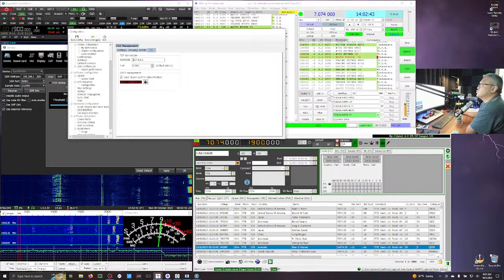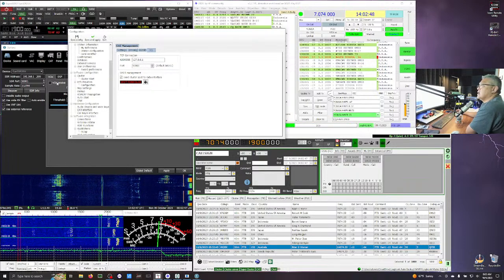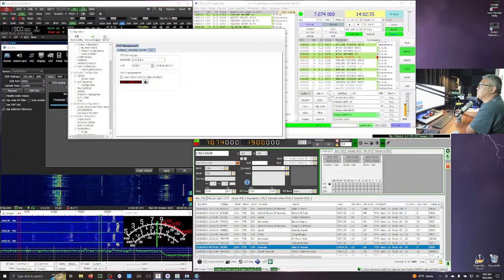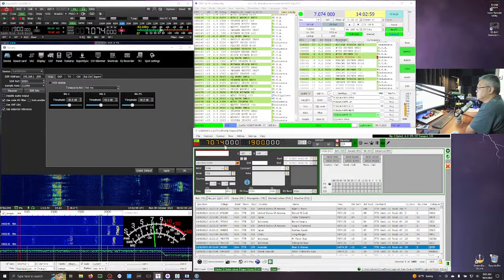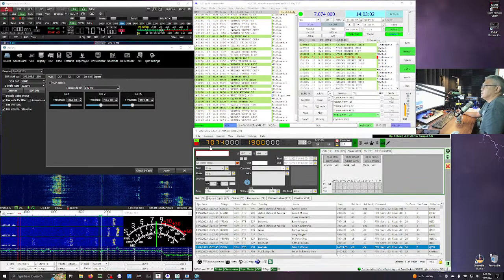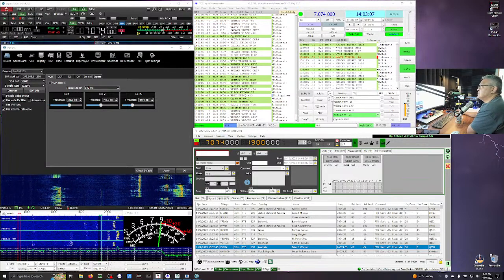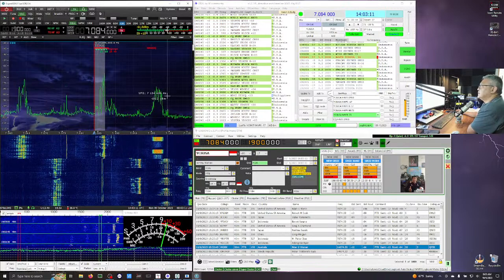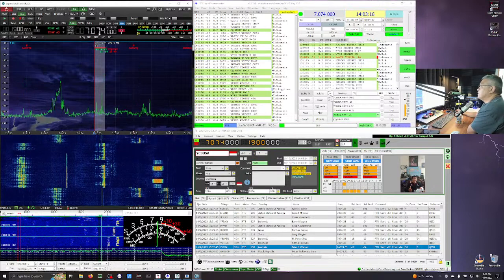It's like default 127.0.0.1, and the port is 50001. I thought it was going to be the same as this one, so I take that back. But just copy what I have here, and then you save and exit. And that connects to the ExpertSDR. So if I were to change frequencies, like here, you see it change frequencies there. Let me get back to 7. There you go.